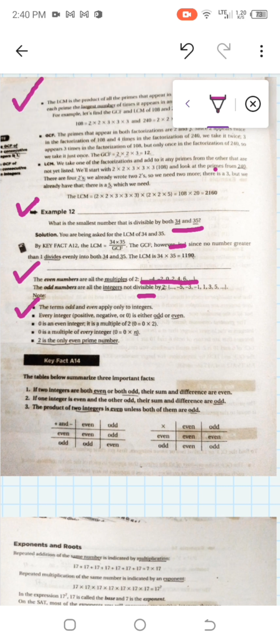Every integer, positive, negative or zero, is either odd or even. It can be positive, negative or zero, and all of those are integers.